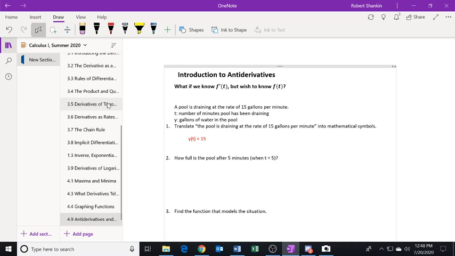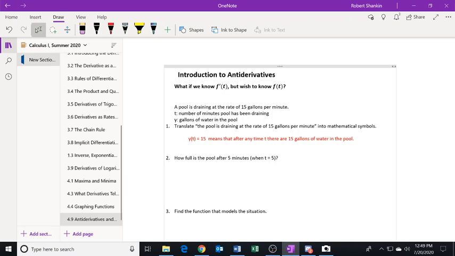But let's look at this more in detail. Y of t equals 15 means that after any time t, because the input is the time, there are 15 gallons of water in the pool.